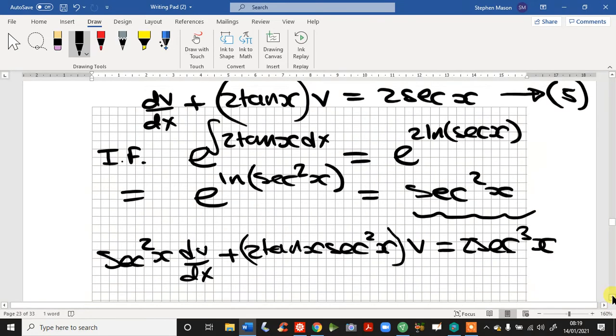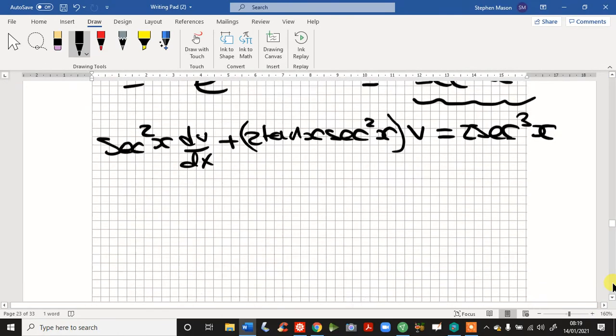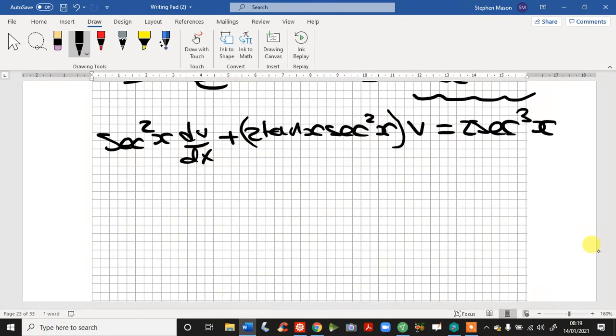Now, I think we called the previous equation equation 5, so we'll call this equation 6.